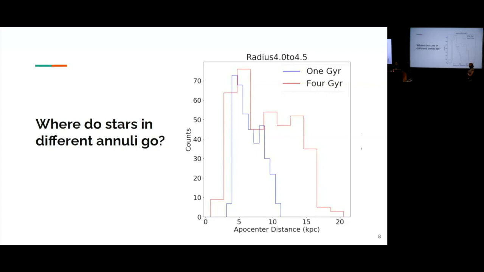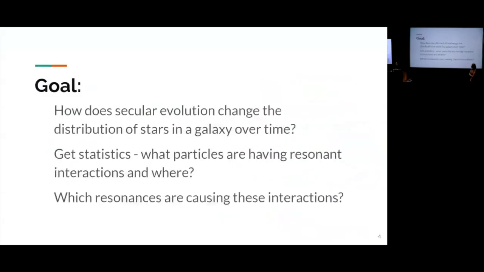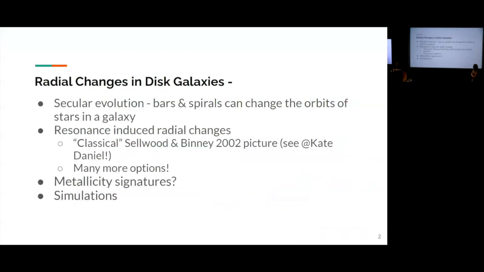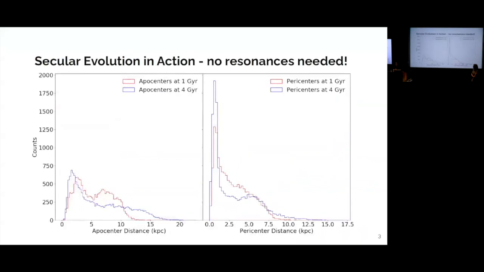It's not set in stone that it's going to be universally moving out. On average, moving out is more common, but it's only in the outer parts, and in the inner parts, stars are just getting pushed in. So I can also show the bulk motion. In this one, you do have this nice wide tail moving out, but then you also have stuff that already had smaller apocenters moving in.